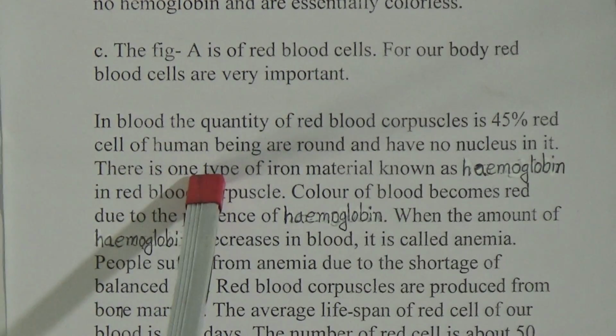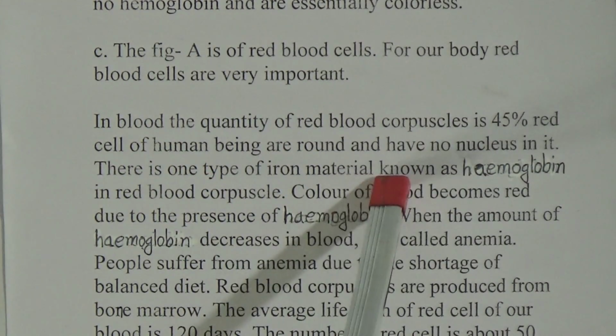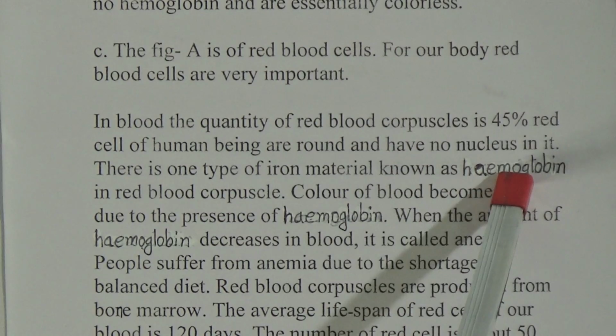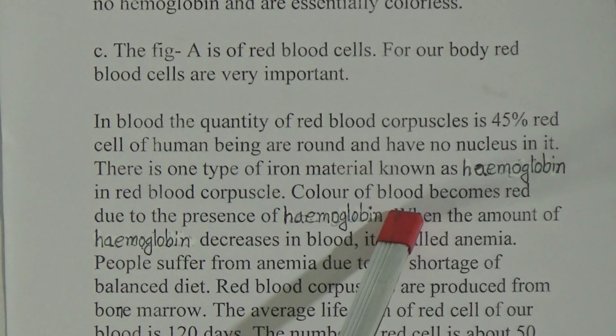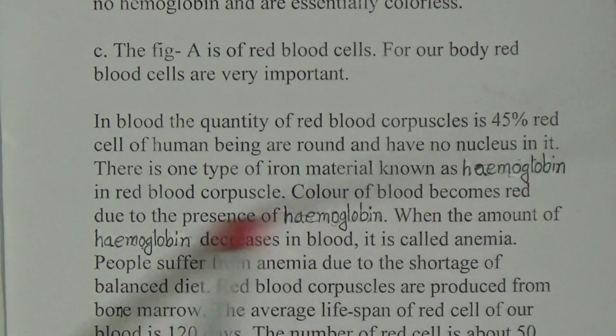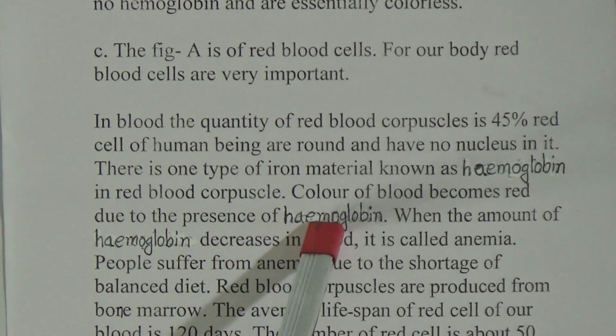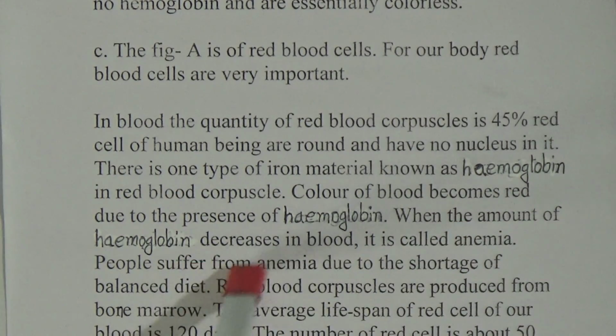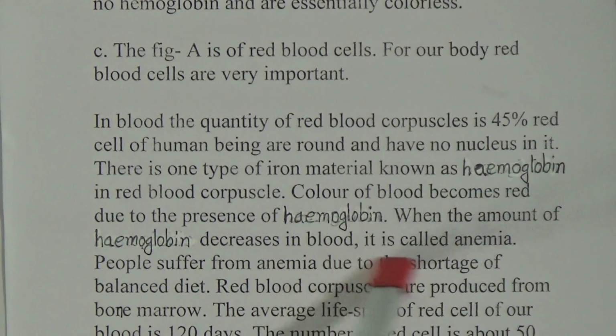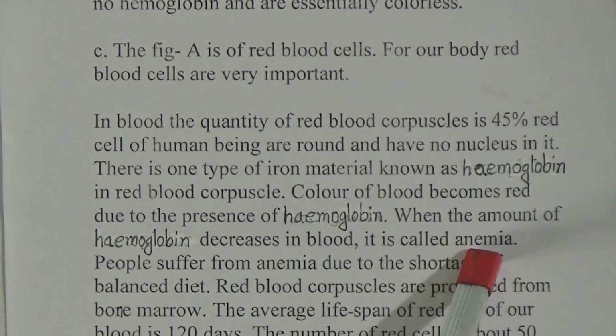There is one type of iron material known as hemoglobin in red blood corpuscles. Color of blood becomes red due to the presence of hemoglobin. When the amount of hemoglobin decreases in blood, it is called anemia.